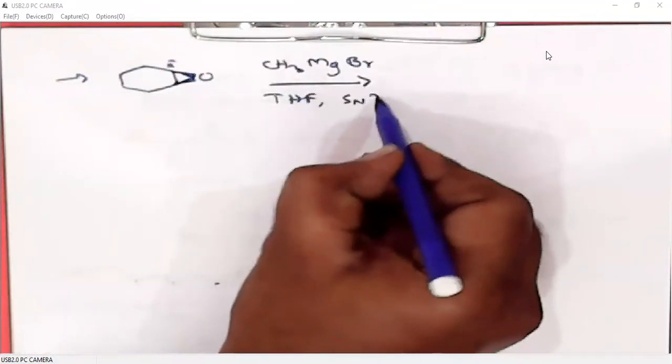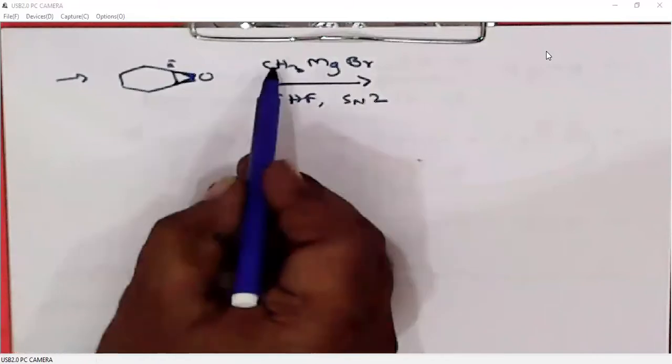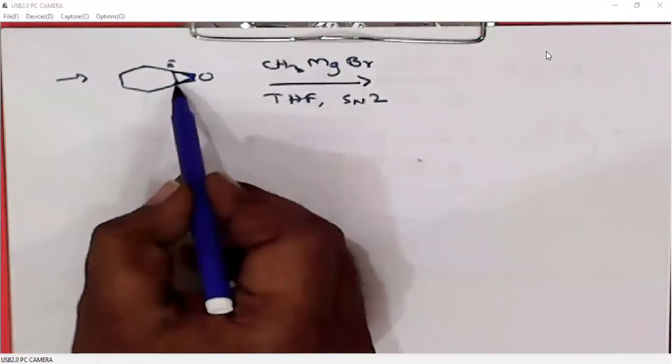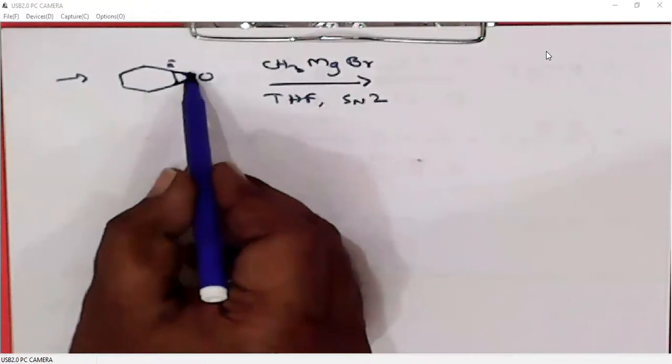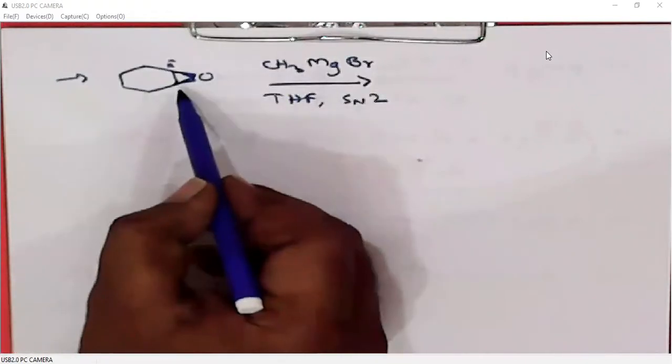Generally, it is an SN2 reaction where the Grignard reagent will attack the epoxide in a nucleophilic substitution fashion from the opposite face. Because this epoxide is above the plane, methyl will approach from below the plane.